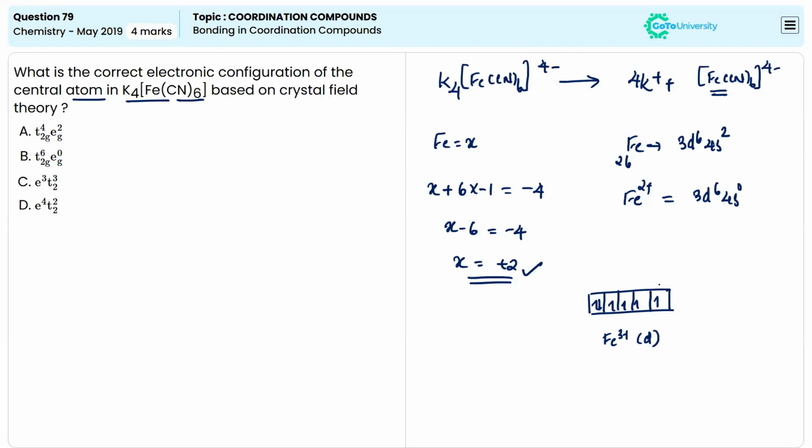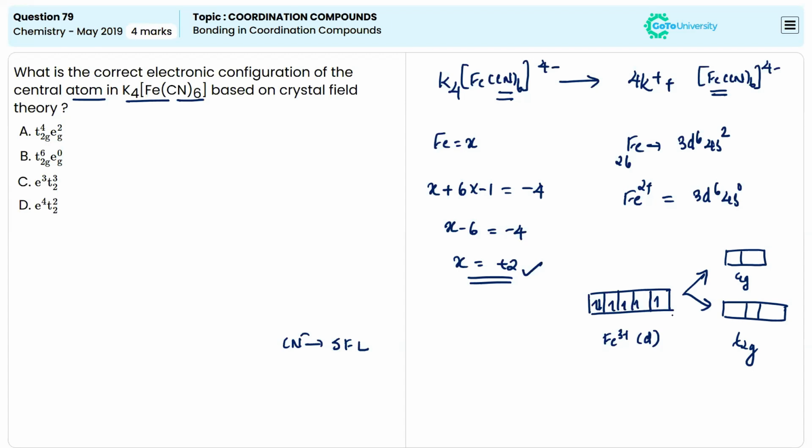Now we have to see the strength of the given ligand. CN minus is a strong field ligand. During the approach of the ligand, the degenerate d orbitals will split into two sets, that is t2g orbitals and eg orbitals. Now we have to fill these 6 electrons in the t2g and eg orbitals.